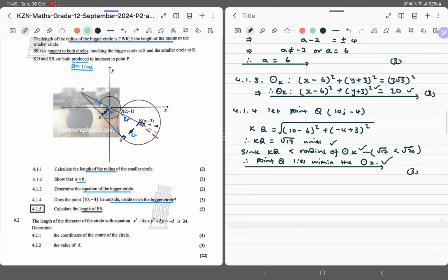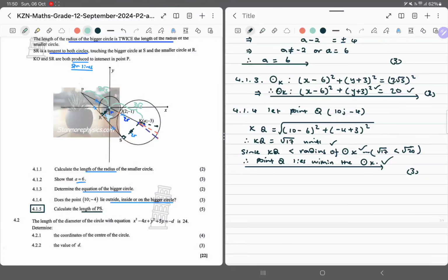Let me use another color so that it's not too bad. So we know that this is 3 root 5, isn't it? But now we discovered that from our midpoint theorem, this is also going to be 3 root 5 over there. But now this is a right-angled triangle.